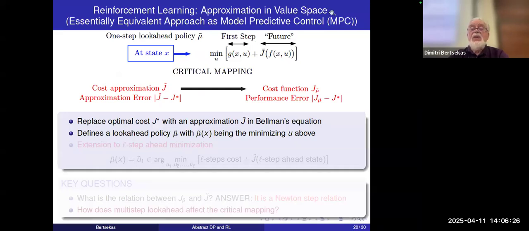Approximation in value space in reinforcement learning is a very simple idea. We replace the optimal cost function, which we don't know, it's very expensive to compute, with an approximation J tilde in Bellman's equation. So in place of J star here, we use a J tilde and we minimize, and that's how we obtain a control at state X online.